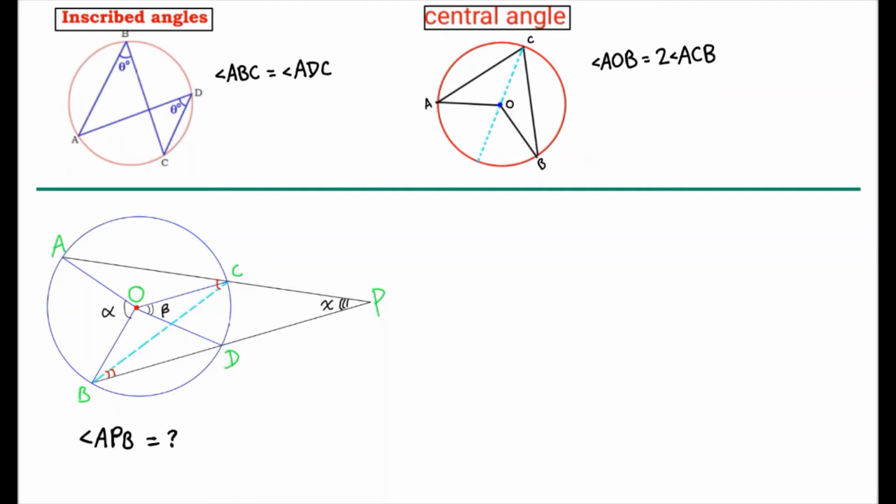The central angle in this is angle AOB. An interesting relationship between the inscribed angles and the central angles that share an arc, like this one over here, AB, is that the central angle is twice the amount of the inscribed angle.